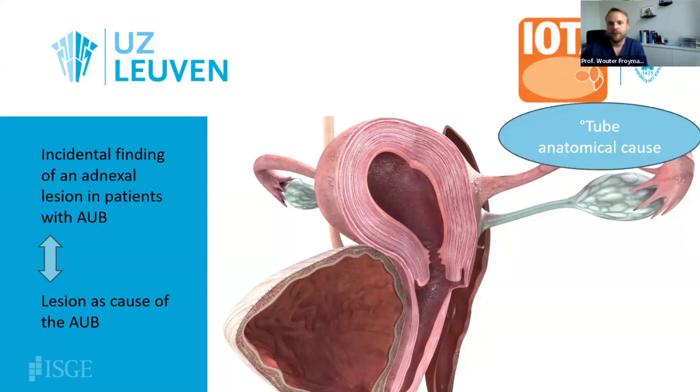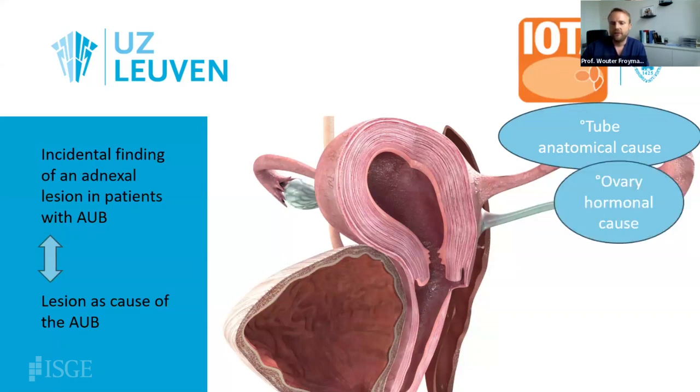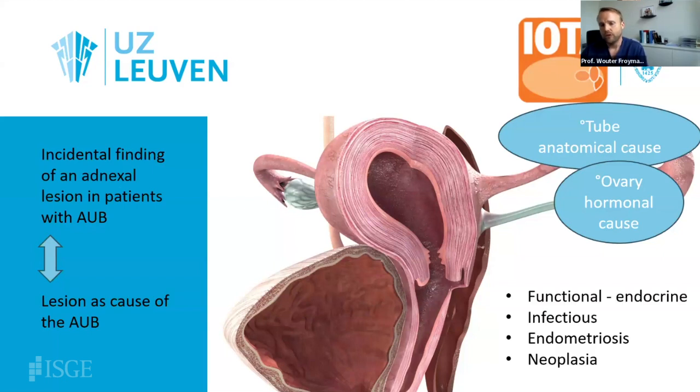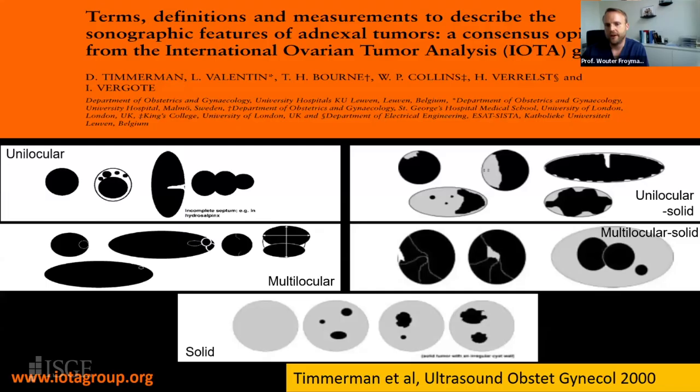Some of the causes will be related to the tube, and then you will have anatomical causes of bleeding. If the lesion is located in the ovary, you can have hormonal causes of abnormal bleeding. So the bleeding can be functional or endocrinological. You can have infectious causes of bleeding. Endometriosis can be related to bleeding, or neoplasia.